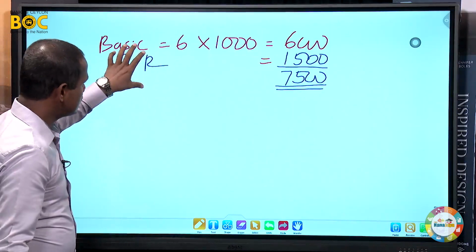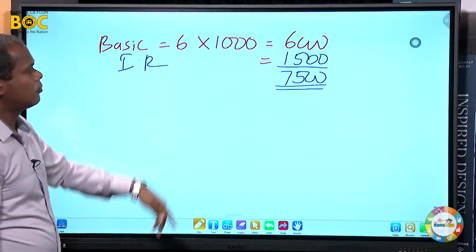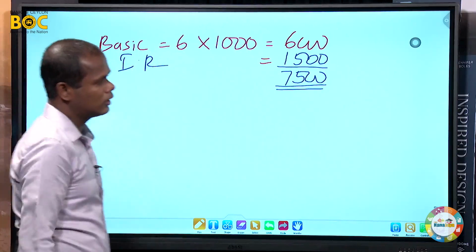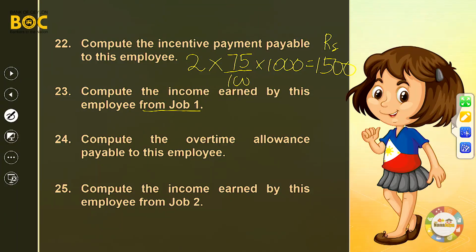Basic earning for 6 hours at 1000 is 6000, incentive payment 1500. Altogether he will receive 7500 rupees from job 1.